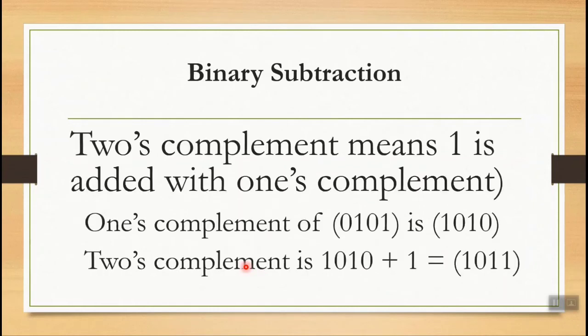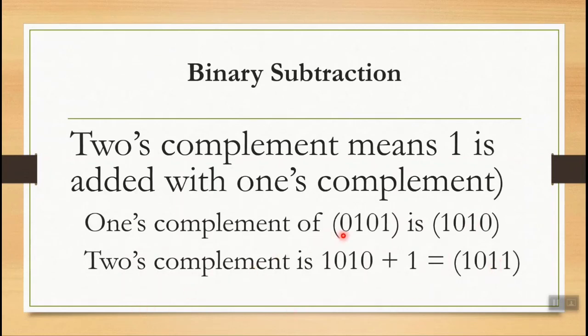Okay, this is another confusion: 2's complement. Now 2's complement means 1 is added to the 1's complement. This is not a very complicated issue. It's simple. In the first number you convert it to the 1's complement and add 1 to that.